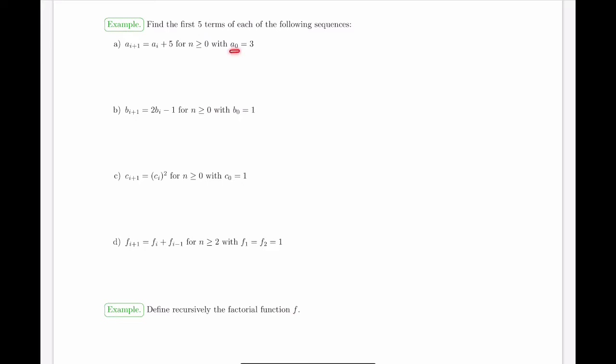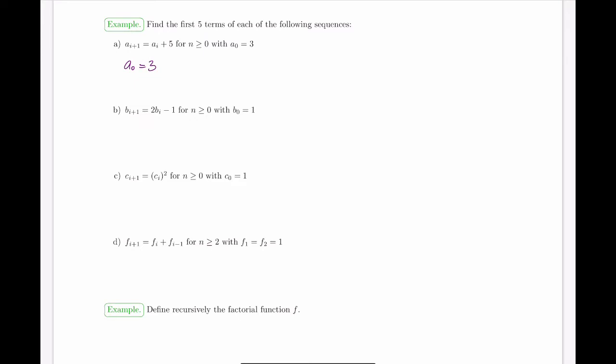Okay, so I'm starting with a naught equals 3, and I am giving this recursive formula. Once again, you can interpret it directly by plugging in the indices, or you can try to interpret it as a rule. Let's try this one with indices, and then we'll try part B with the rule. So A0 is equal to 3.